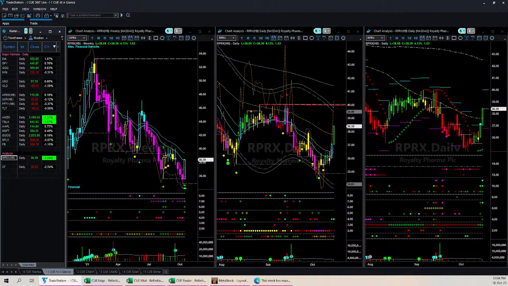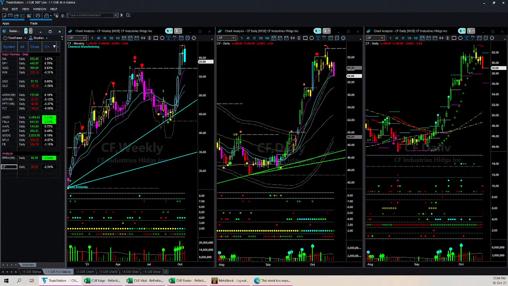I think I timed it very well. The breakout happened on Thursday, and in CF, I think I timed it very well. Doesn't mean that every trade is going to be guaranteed profitable trade, but I think in terms of risk management and entry precision, I timed both of these trades once again very well. And that is not difficult if you and I are using Q systems.